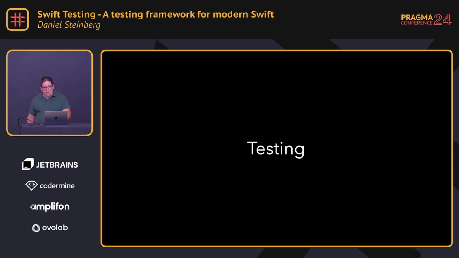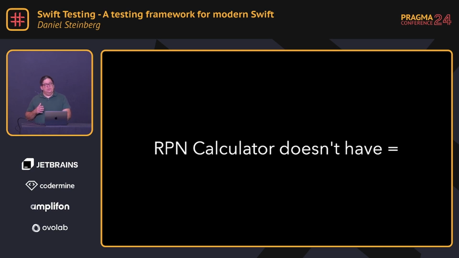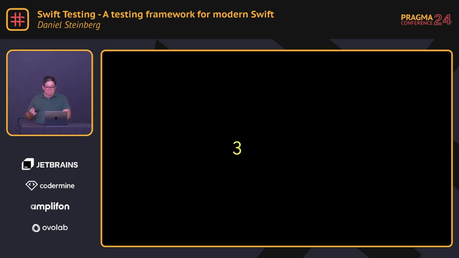So testing. The example I want to use is the RPN calculator, reverse Polish notation. If we want to add 3 and 5, some calculators have equal signs, and you just type in 3 plus 5 equals. Reverse Polish doesn't have equals, so you type in a 3, and it displays, and you type in enter, and it pushes the 3 onto the stack, and it stays in the display, but it's ready.